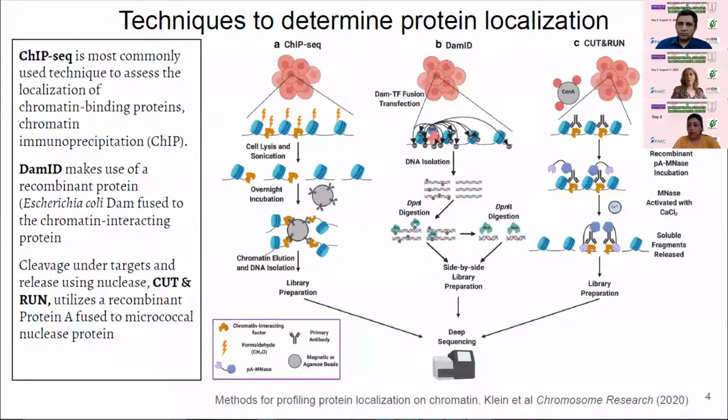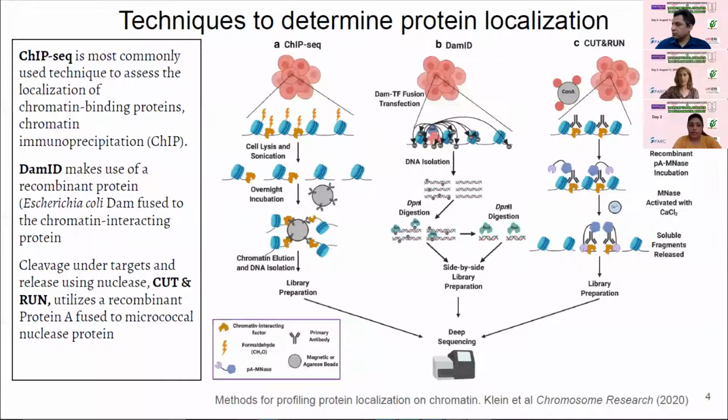And the third one is CUT&RUN, that is cleavage under targets and release using nuclease. And this is basically a technique that uses a recombinant protein A that is fused with a micrococcal nuclease protein. So this micrococcal nuclease protein is from Staphylococcus aureus.